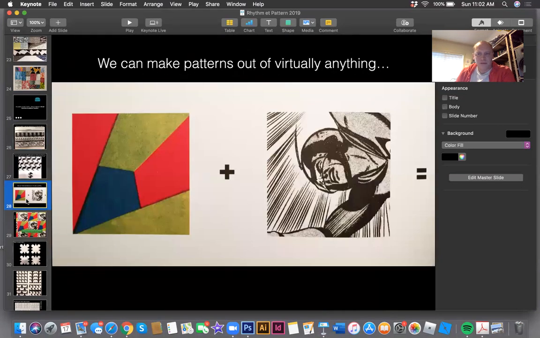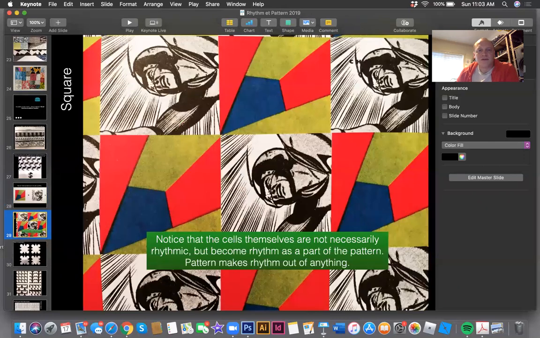And we can make patterns out of basically anything. So these two together are not rhythmic, but when we combine them as separate and together cells, they become patterns. So if we see here, this is a pattern, and by being forced into a pattern, it then becomes rhythmic.